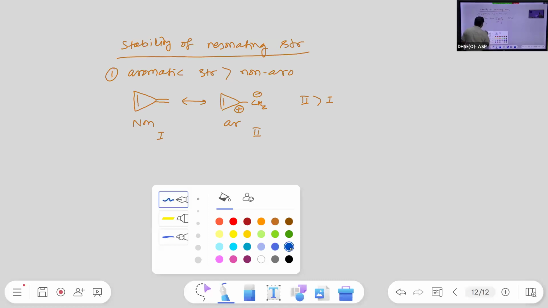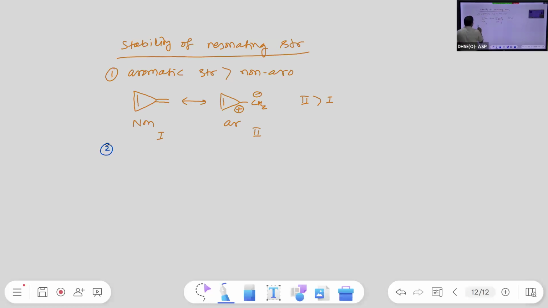What about the second one? Second, a neutral resonating structure is more stable than a charged resonating structure. And be very careful that we have to follow the points serially.